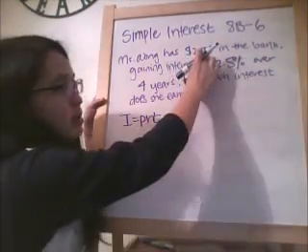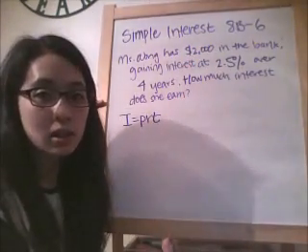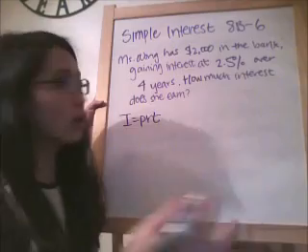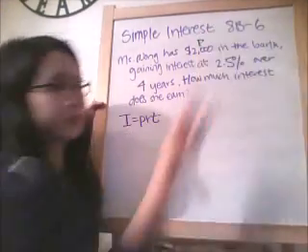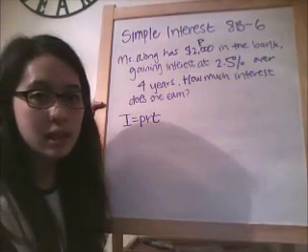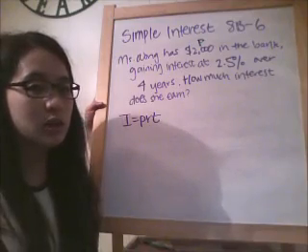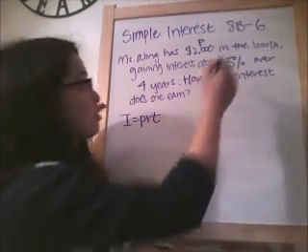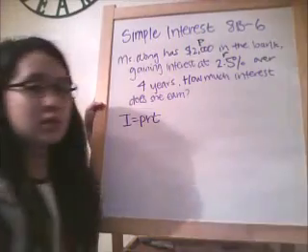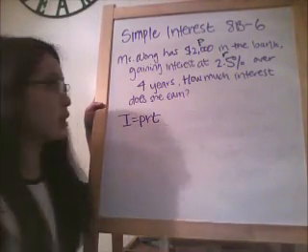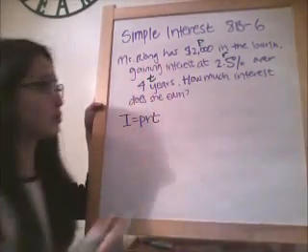Miss Wong has $2,000 in the bank. That's how much she's starting with. So that is going to be our P. That's our principal. Now it says gaining interest at 2.5% over 4 years. 2.5% is our rate, and then 4 years is our time.